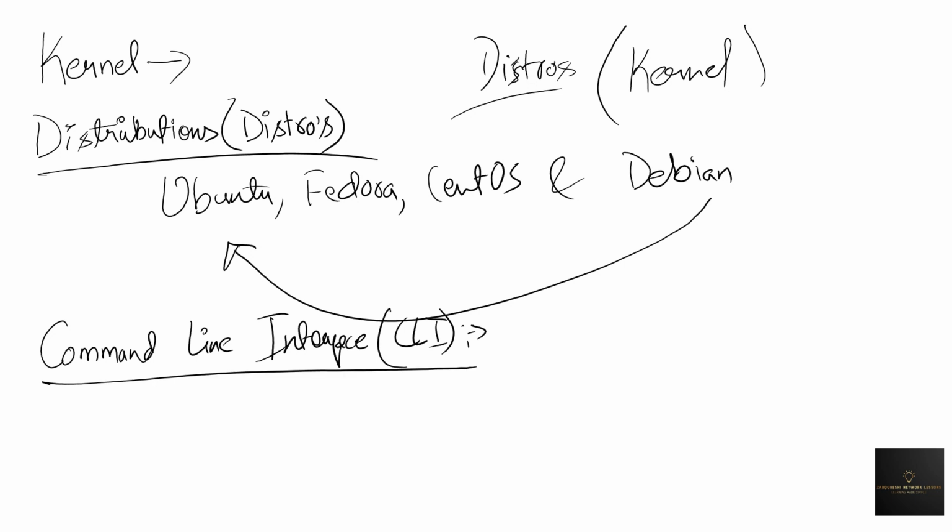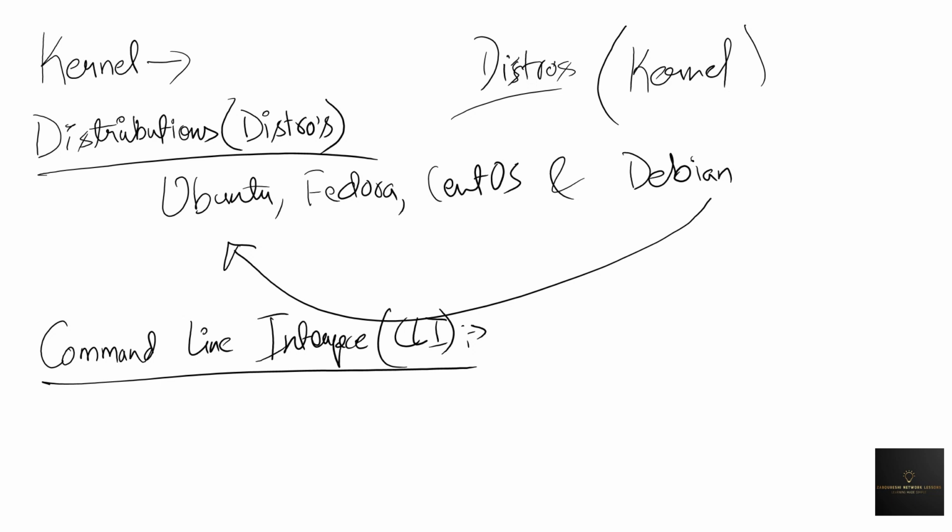The command line interface is a powerful way to interact with Linux. While graphical interfaces are available, many users prefer the CLI for its flexibility and efficiency. If you are a network engineer, you would know what CLI is, and if not, then you might have seen the CMD shell in Windows. That is kind of a CLI.